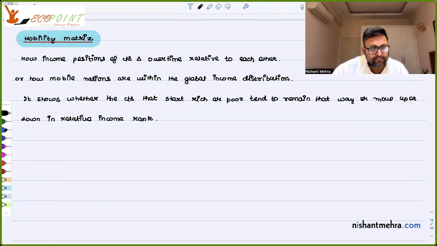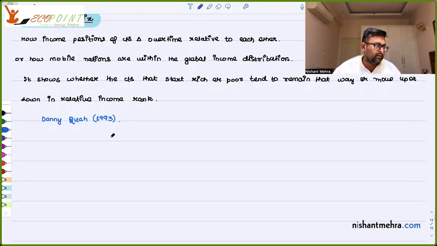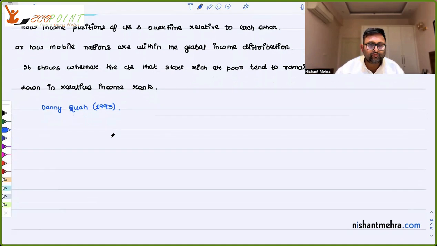This was given by Danny Quah in 1993. There are five categories which he used.